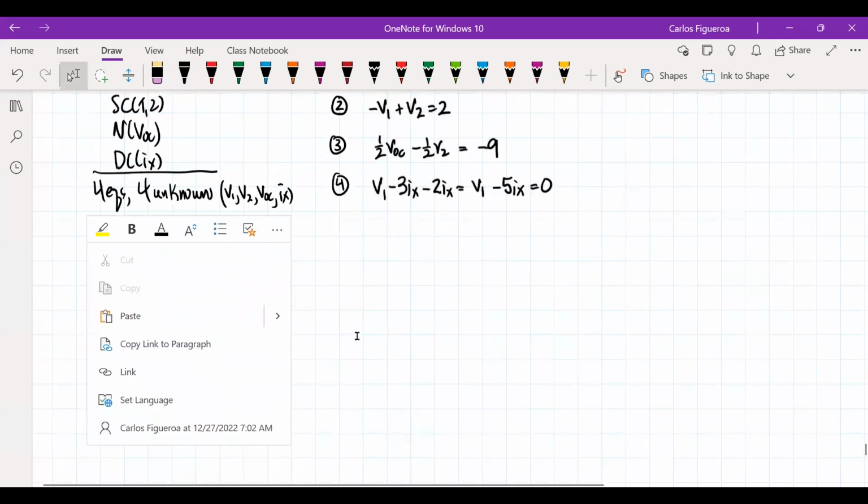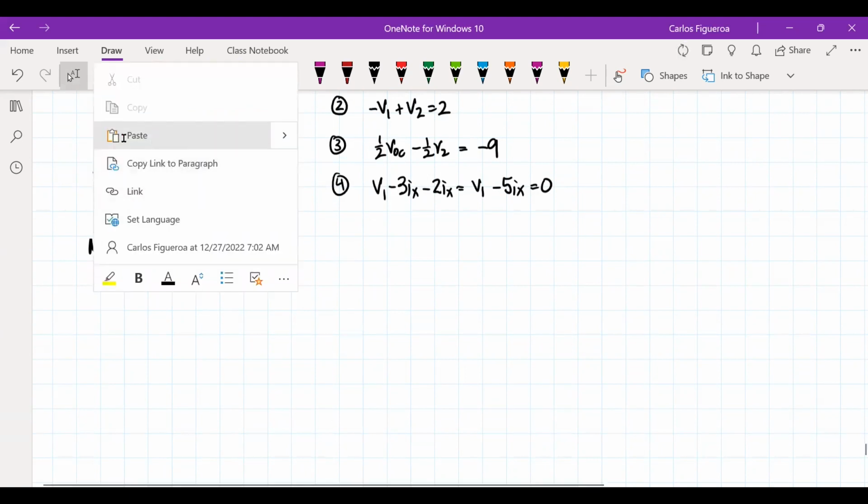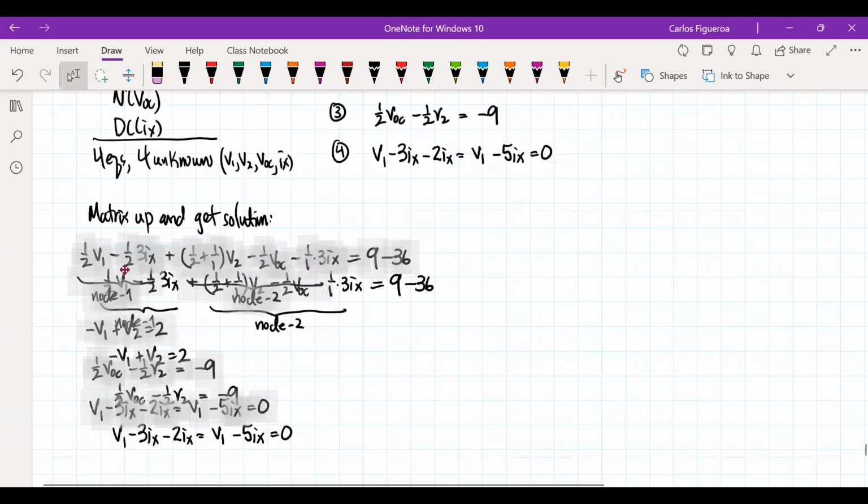So now I'm going to matrix up and get solution. So here I go. So here's my equations right here.